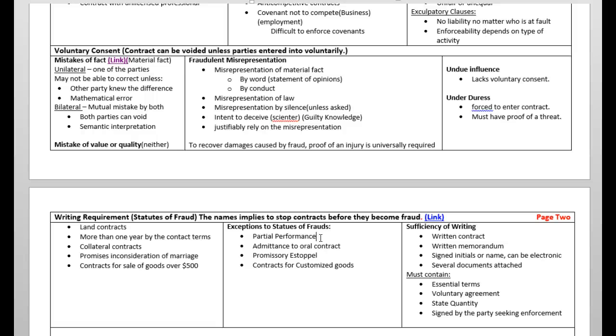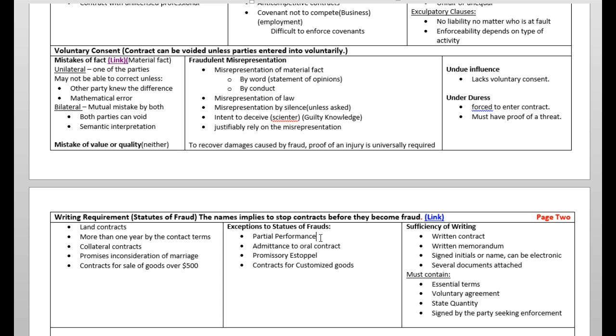You could have a written memorandum that is signed anywhere on the page with just the initials or a name, and it can be electronic. You could have several documents attached together, or even in an envelope, such as an invoice, a bill of sale, the shipping. If you have all of those together, those could be considered a written contract, a written form.